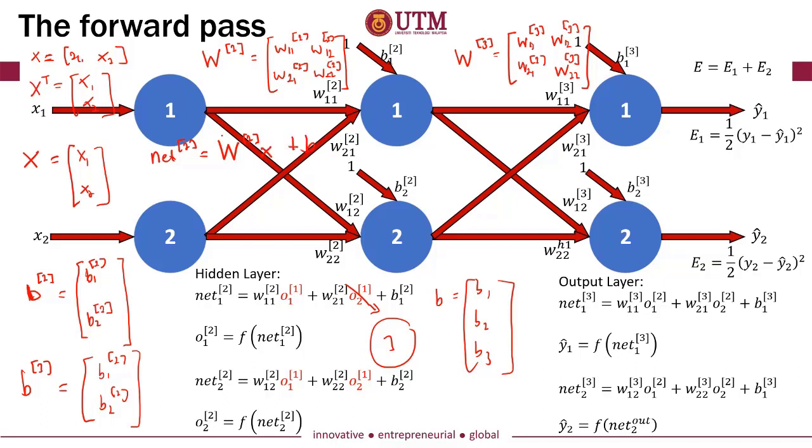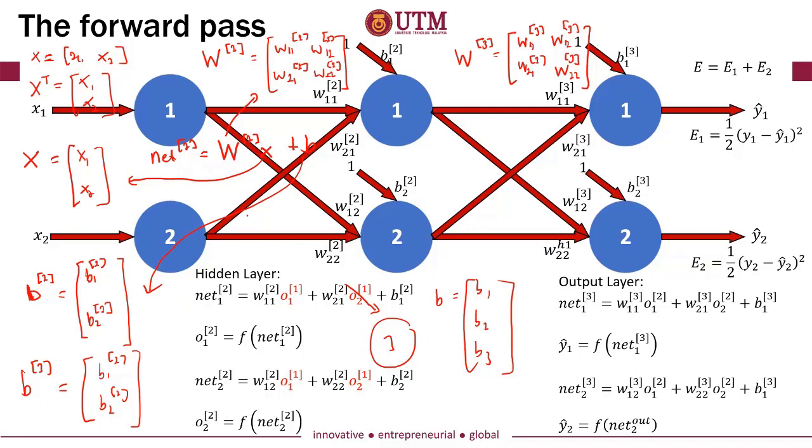So this one is this matrix, this one is in this version, and this one is in this version. Then you will obtain the net, which is net 2.